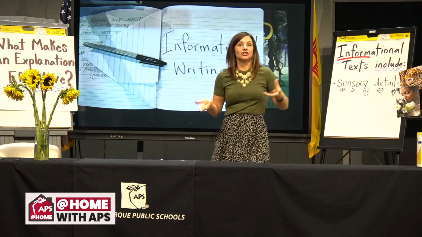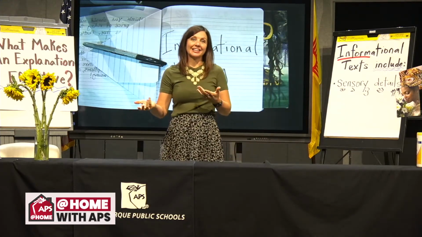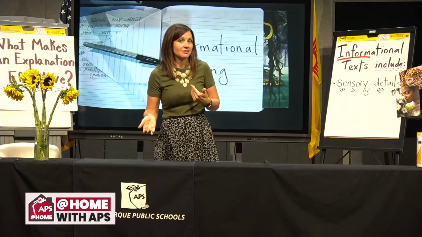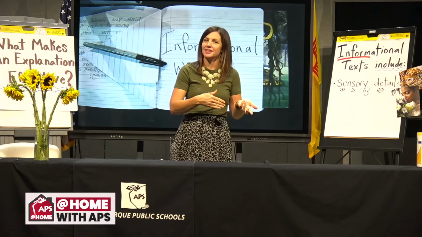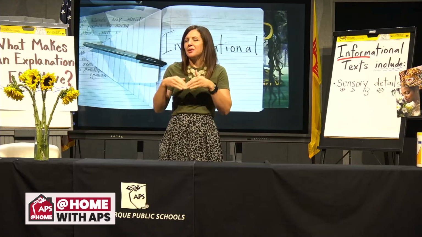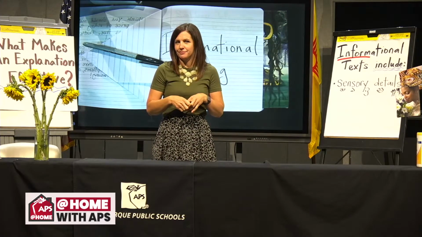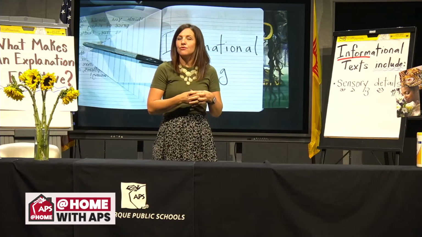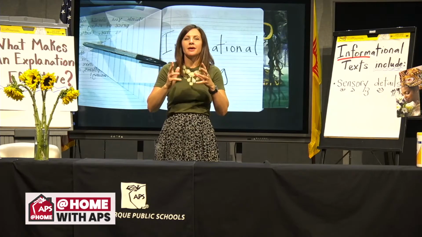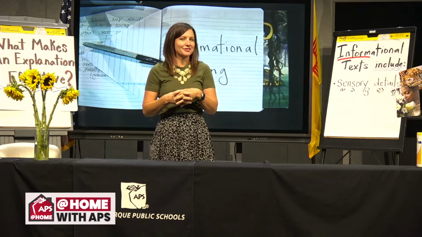So informational text is writing that gives information. It's writing that informs others. So as we're writing this week, we're going to learn some tips, some tricks for making our explanations more effective.